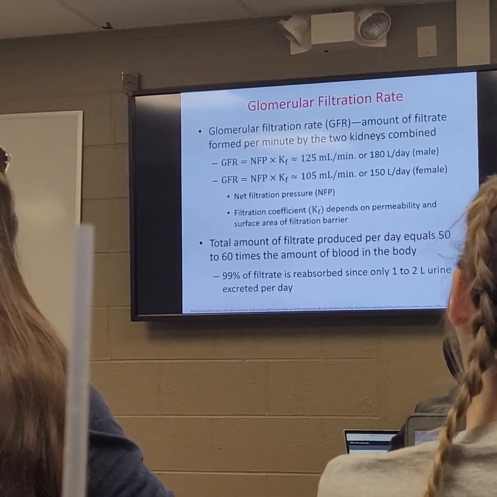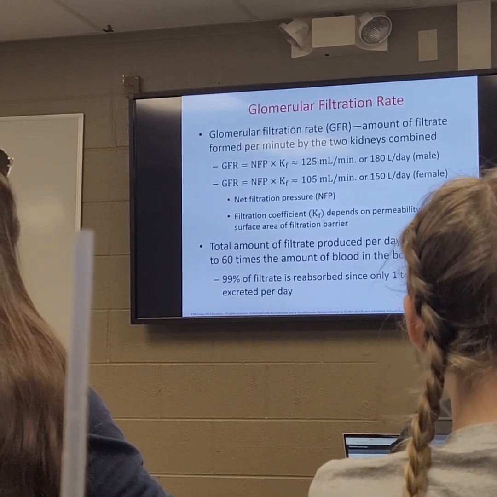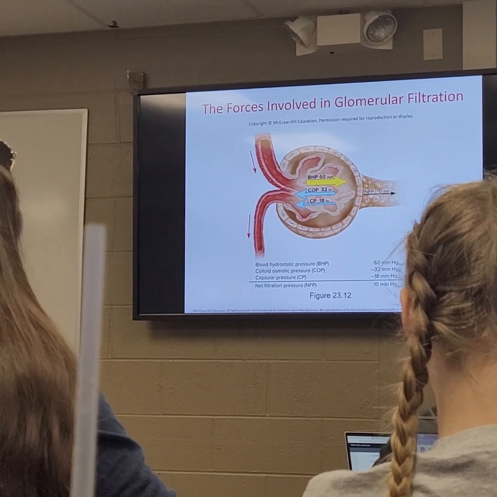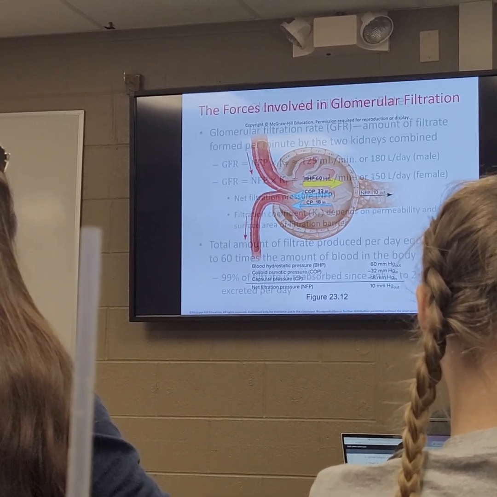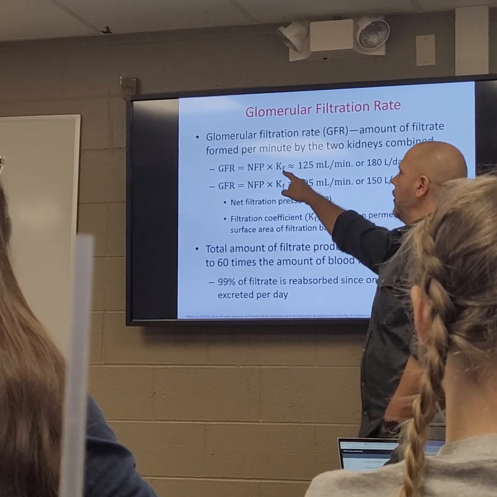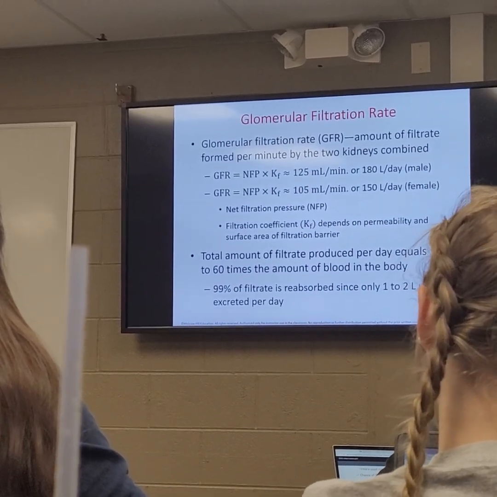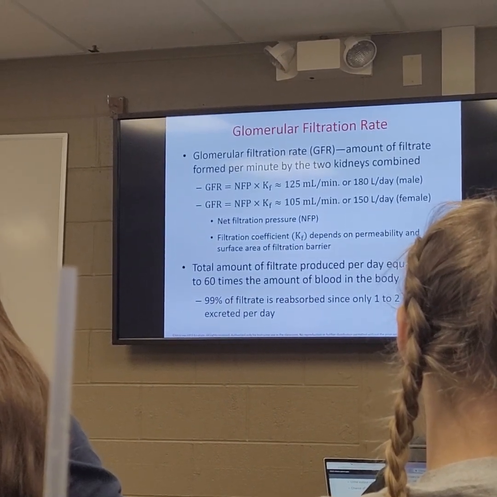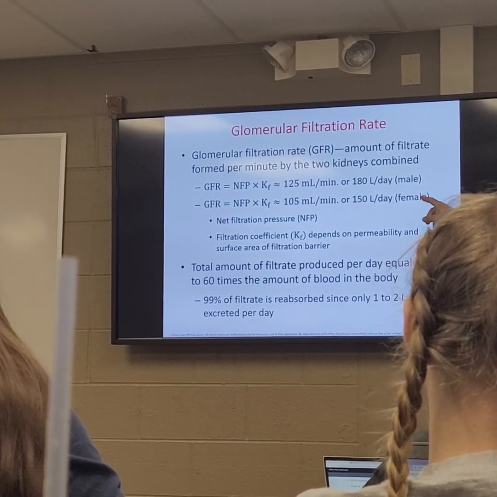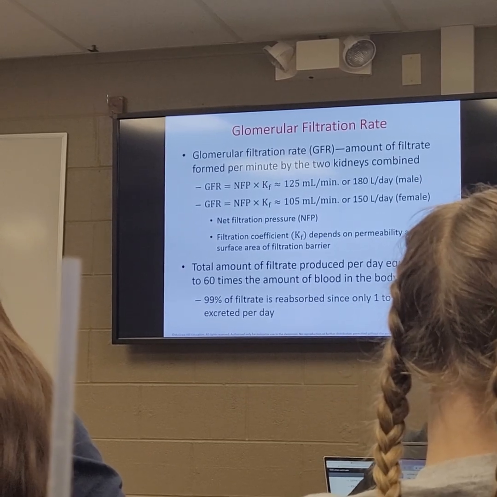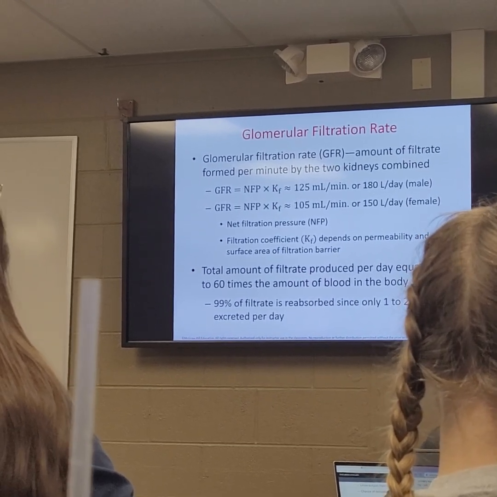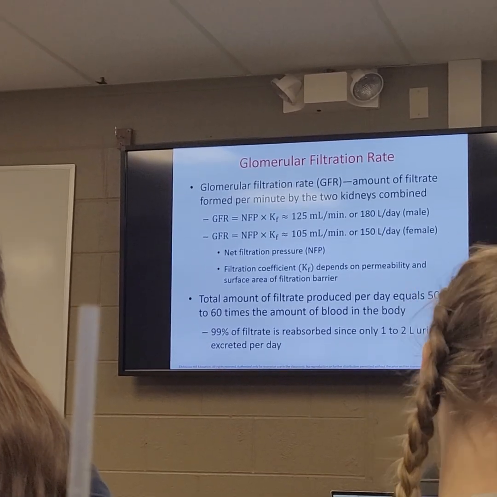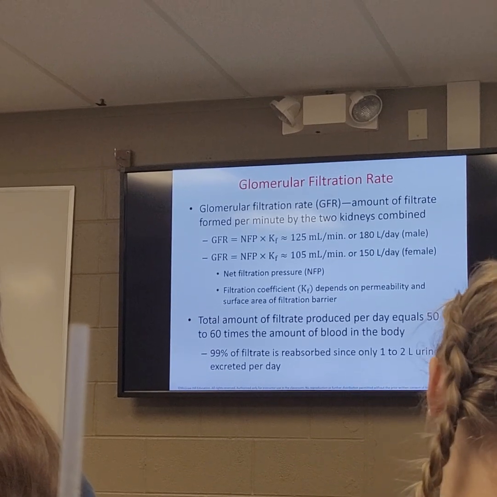But to determine how much anybody filters per day is just that net filtration pressure, which again averages out to 10 for most people under most conditions, and the K of F, which roughly represents the total membrane space, or we can think of it as the size of their kidneys, all of their nephrons combined, gives us how many liters of fluid are filtered out of a kidney per day. 180 for men and 150 for a female.